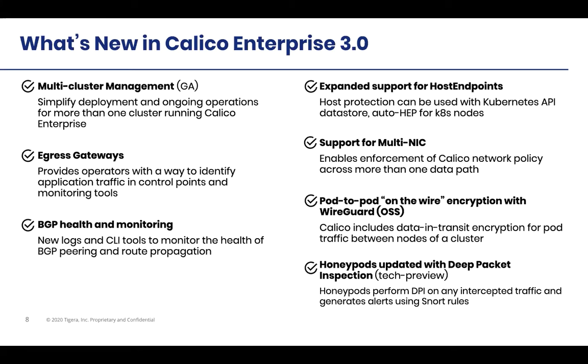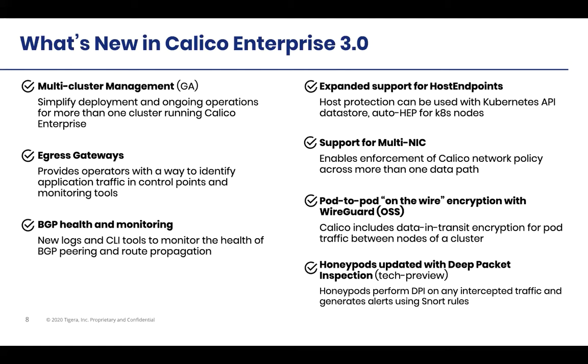Egress gateways. This is another feature within 3.0 that's garnered a lot of interest. And this goes back to some of those canonical use cases I showed earlier, being able to implement effective access controls for egress traffic.